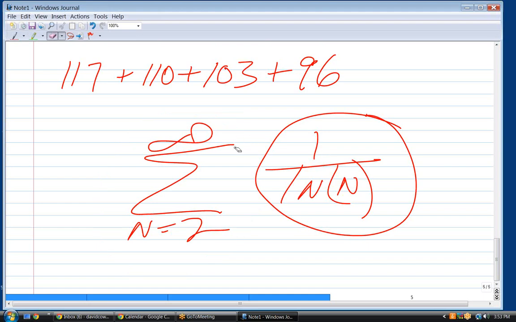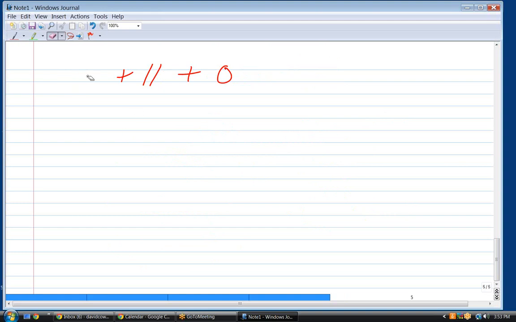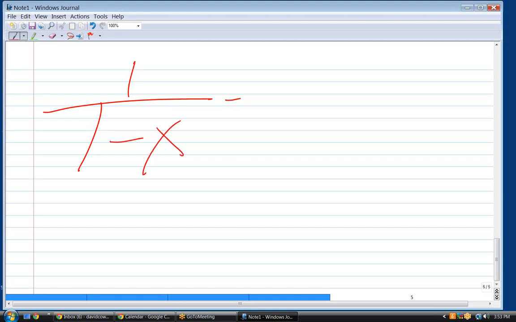The reason series are so important is because any function like this can be expressed, not any function, but a lot of functions can be expressed as a series.